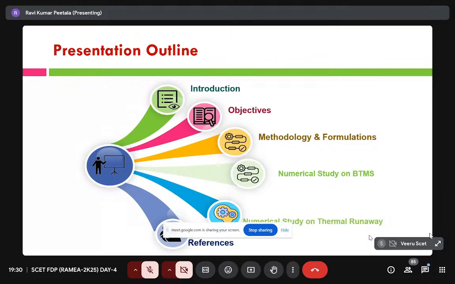What thermal management issues are we facing in electric vehicles, and based on that, what are we doing here. I want to frame some objectives for addressing those issues, and how we are approaching the problems using mathematical modeling.